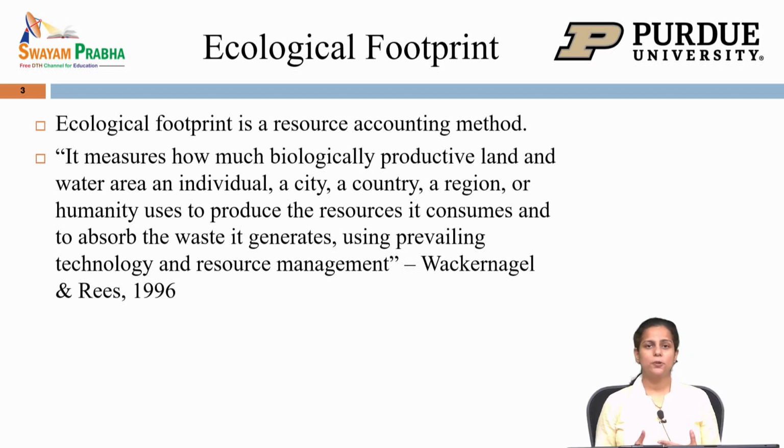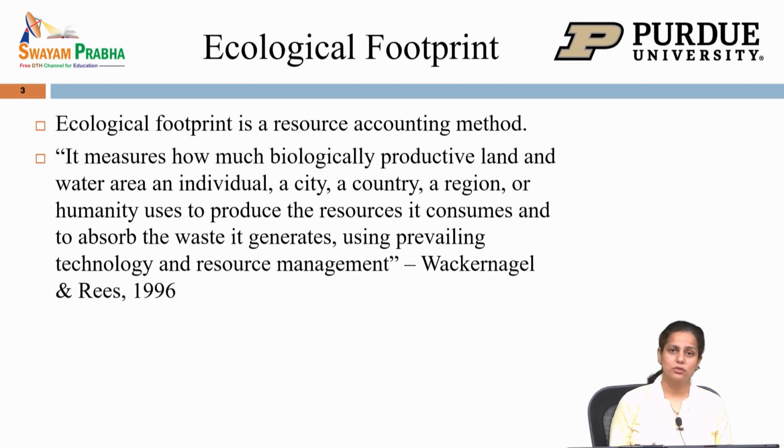So, in short, what that means is that if we are consuming products and if we are making processes that are making that product, then there is a requirement of land area that is required to provide the resources for those particular products.